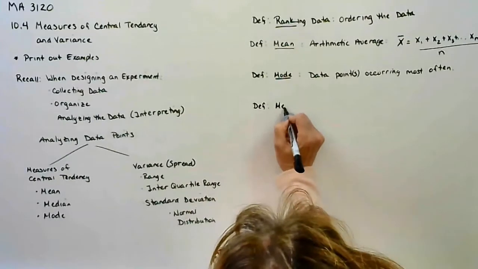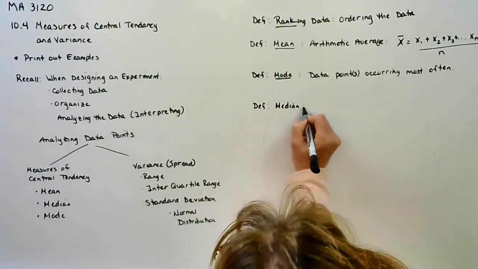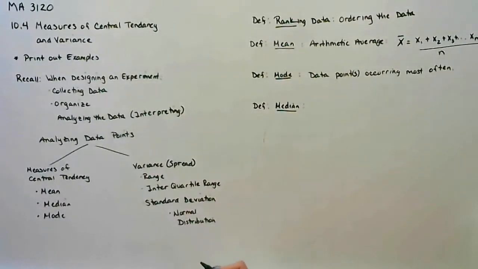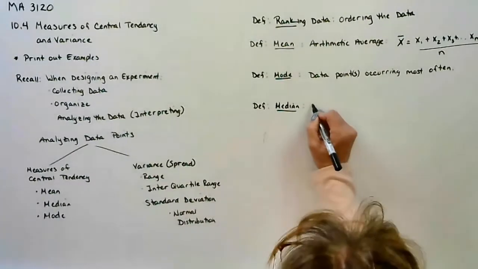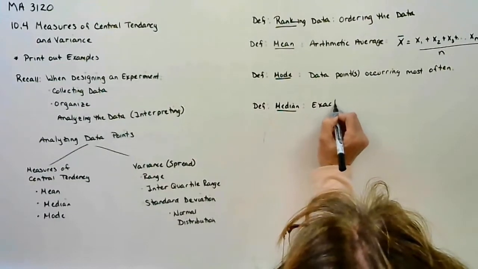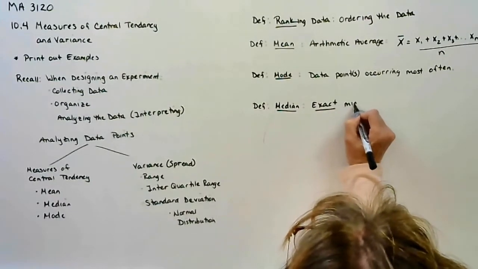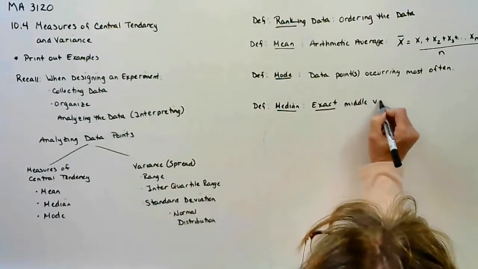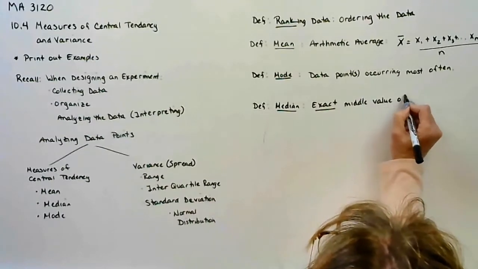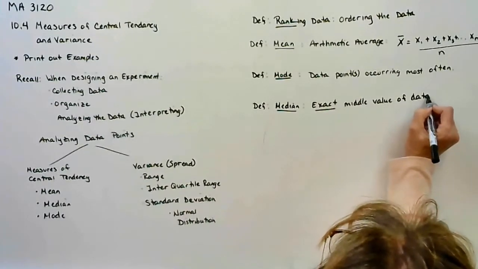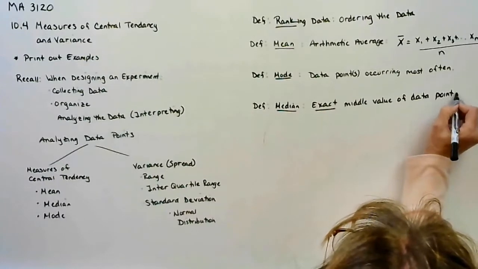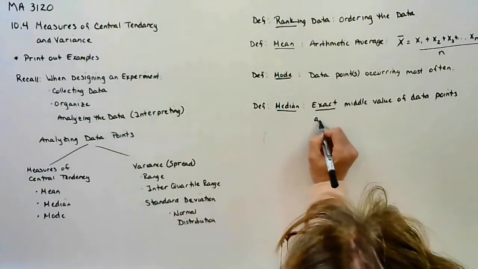So the median is the middle term. The median is like the median on the highway, the middle of the highway. So the median is the exact middle value of the data points after ranking.